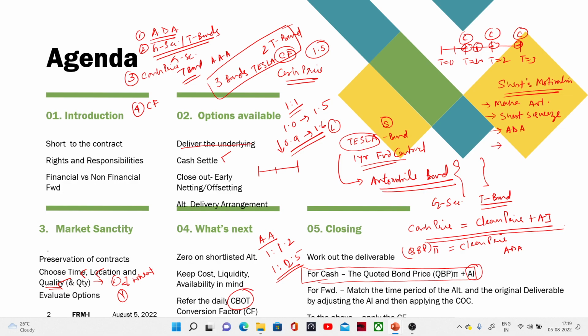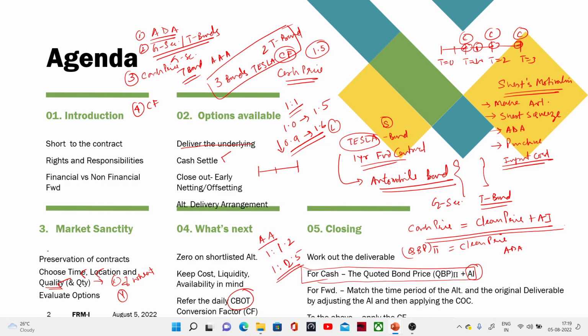Now, as before, you may understand that the short will have to purchase this particular underlying from the market and then accordingly deliver. That means there is a certain input cost associated with it, and the output, that is the price the short would receive, is anyway prefixed, which is part of the contract itself, the contracted price. But in any case, the short would like to see that if it is in loss, the loss is minimized, and if it is in profit, the profit is maximized.